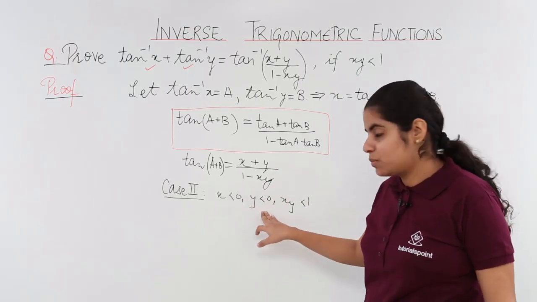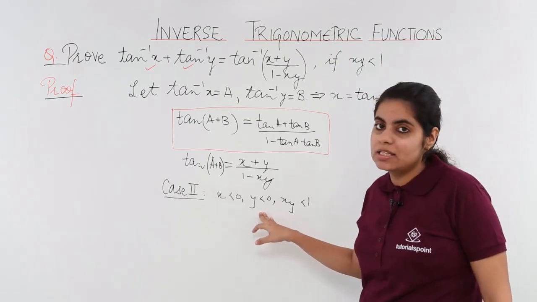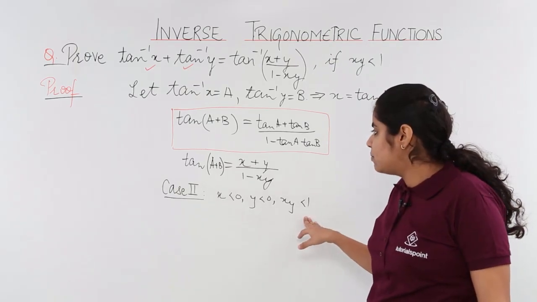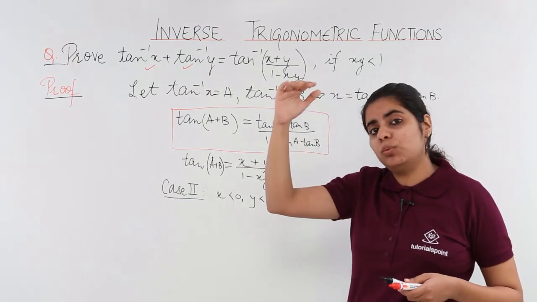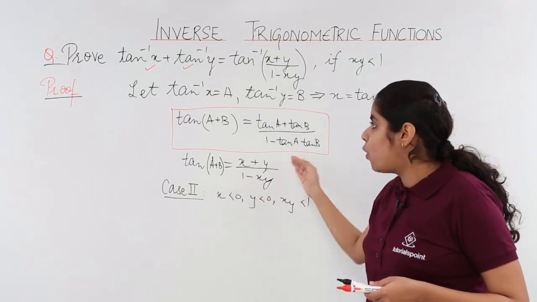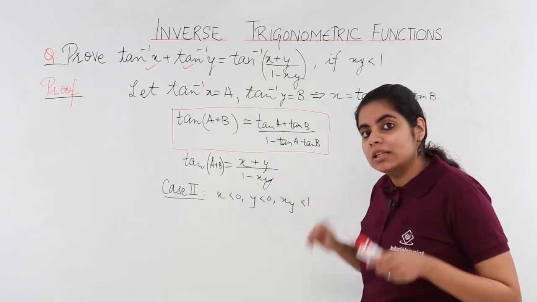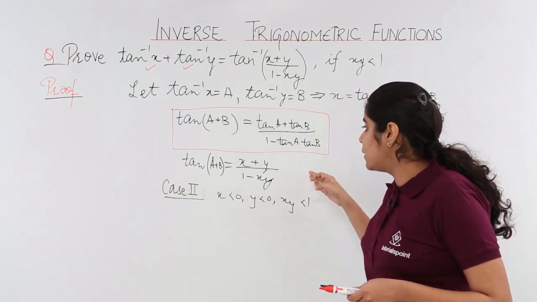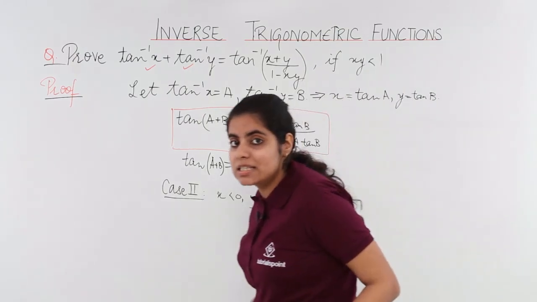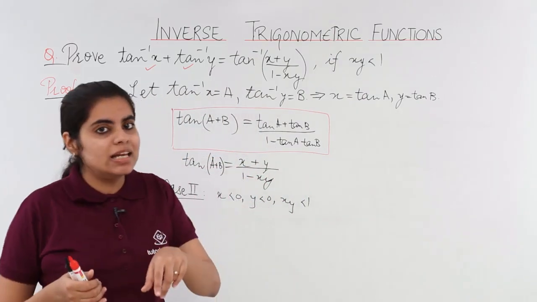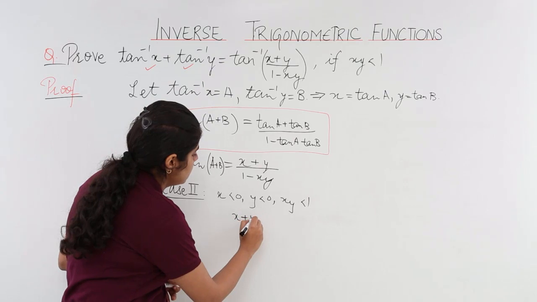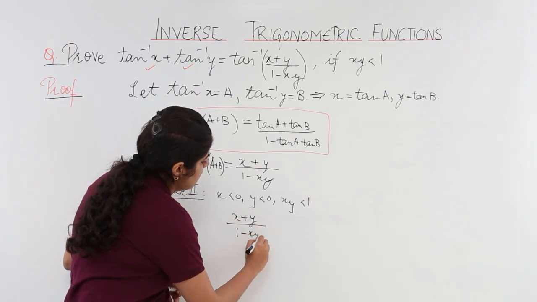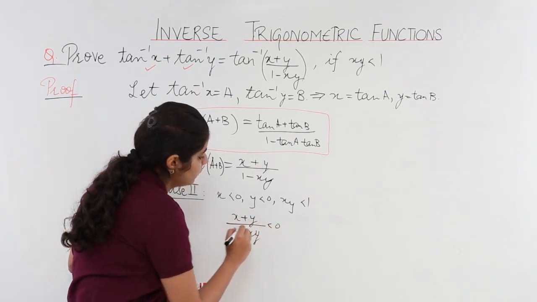Definitely x plus y is less than 0, that means negative, and 1 minus xy, all these things when computed in the form of numerator and denominator, what will be the sign of this quantity? The sign of this quantity will always be less than 0, because the numerator is less than 0, so the minus sign will be there. So, that means x plus y upon 1 minus xy would be less than 0.